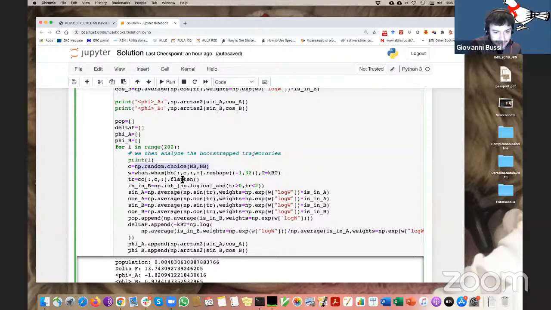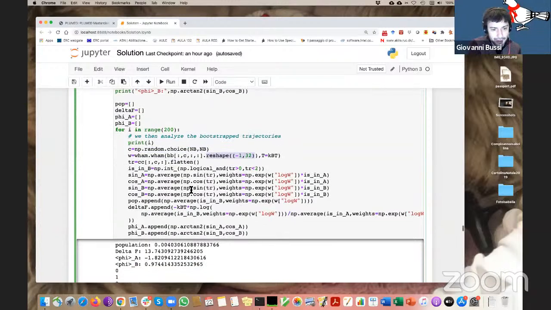I just flatten the resulting trajectory, or reshape it here, feed it into WAM, and proceed with the analysis. Does it make sense? Questions, comments?